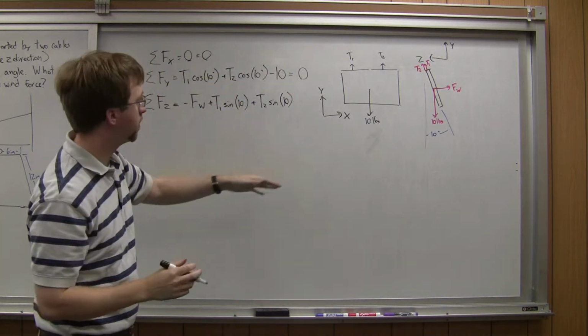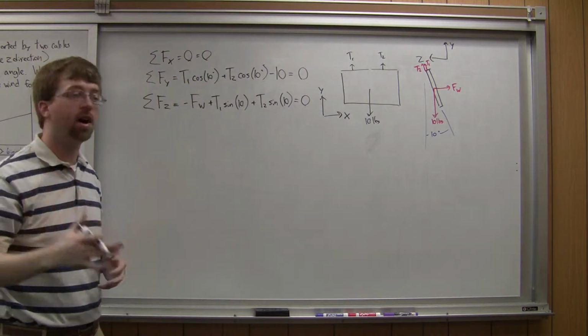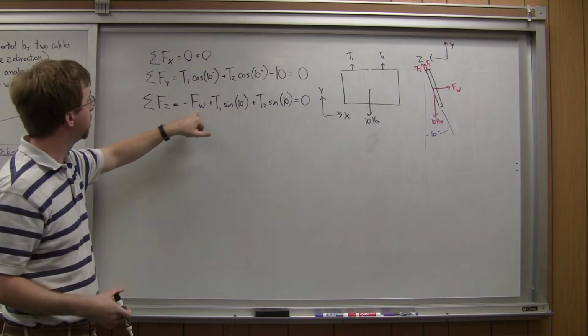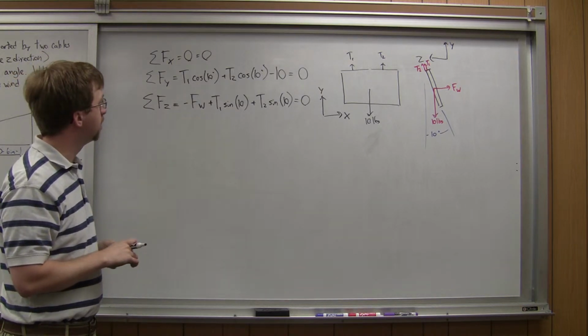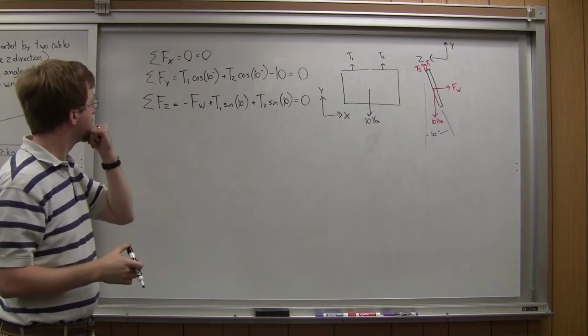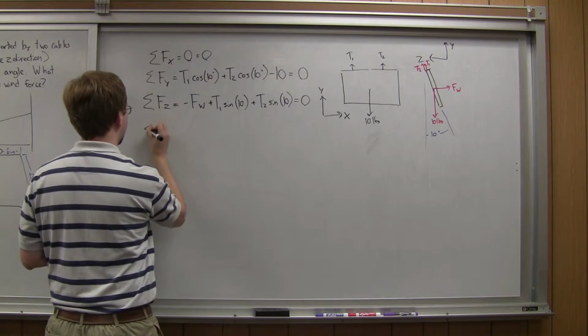And the sum of all those things has to be equal to 0. So at least now I've got an equation with my wind force in it. But I still have these two unknowns, the tension 1 and tension 2. I don't know those. So let's go on and take the sum of the moments.